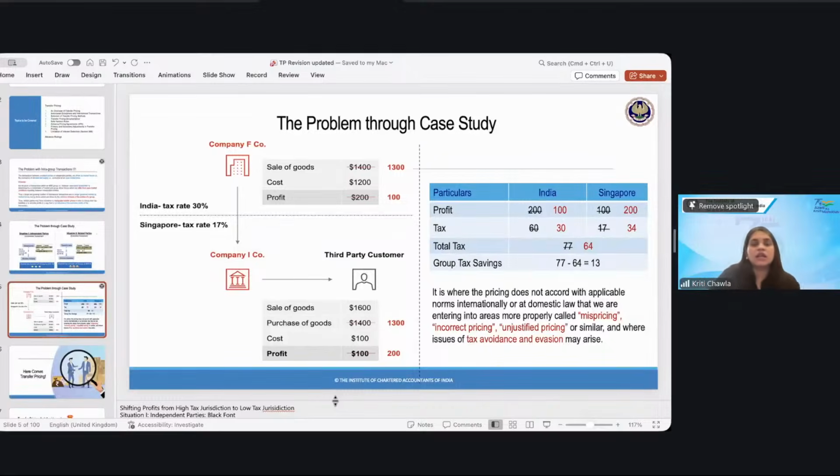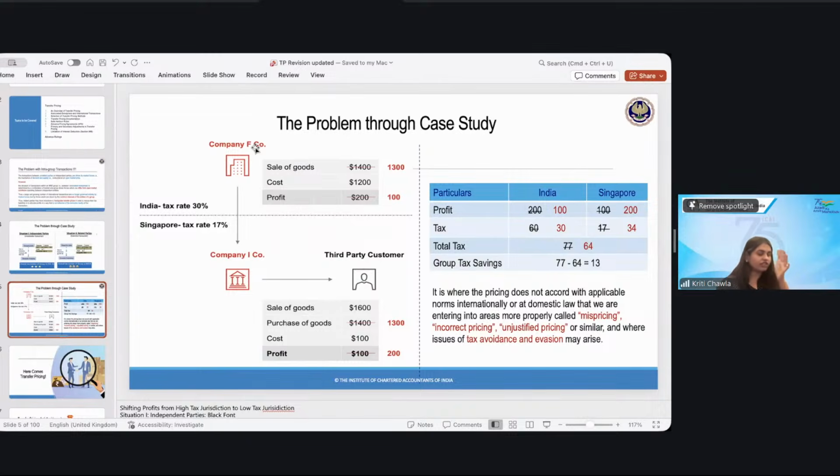Now, in this particular case study, we have, let's say, company F. Company F is a company in India. It's incorporated in India, and the tax rate in India is 30%. Now, there is another company out there, which is company I. Company I is incorporated in Singapore, and the tax rate in Singapore is 17%. And then there is a third party customer.